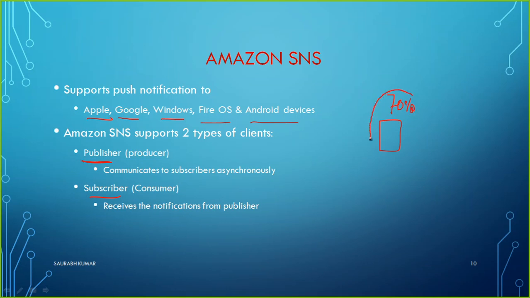So this alarm is a publisher generating this notification, and the one who is going to receive the notification will be known as a subscriber or a customer. The publisher communicates to the subscriber asynchronously, and the subscriber receives the notification from the publisher. A publisher can be any individual user, or any running service which is generating the notification, and the one receiving the notification is the subscriber. For the subscriber, we can set any email ID, any SMS mobile number, or whoever.